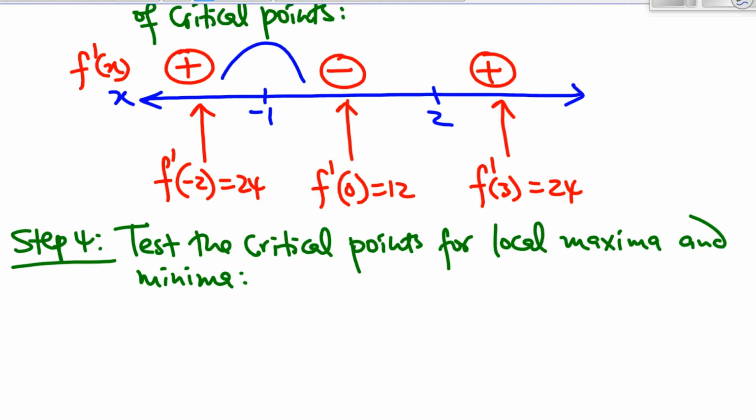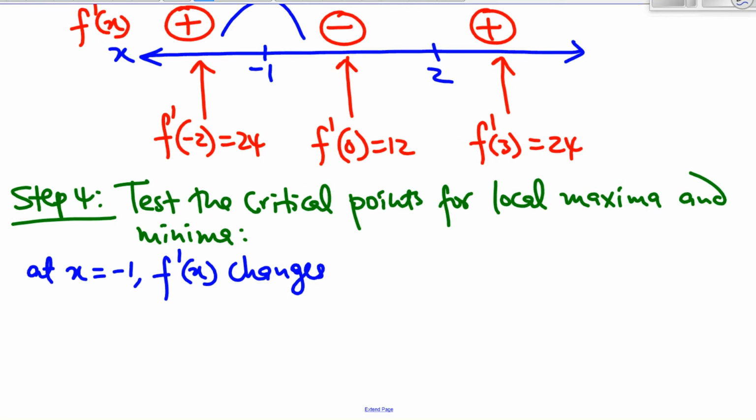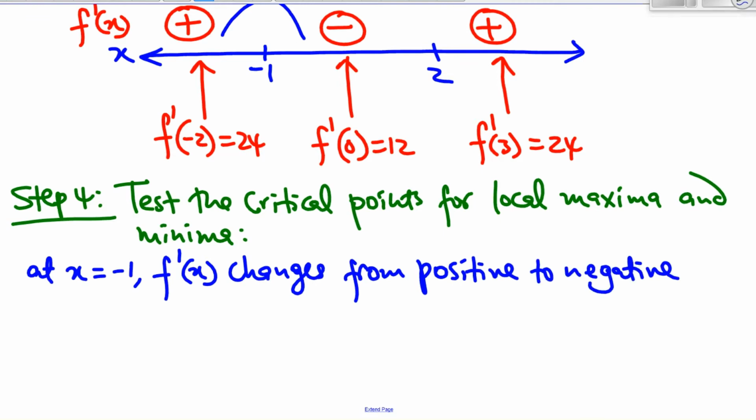So you can say at x is equal to -1, f dash x changes from positive to negative. So this is a maximum point.